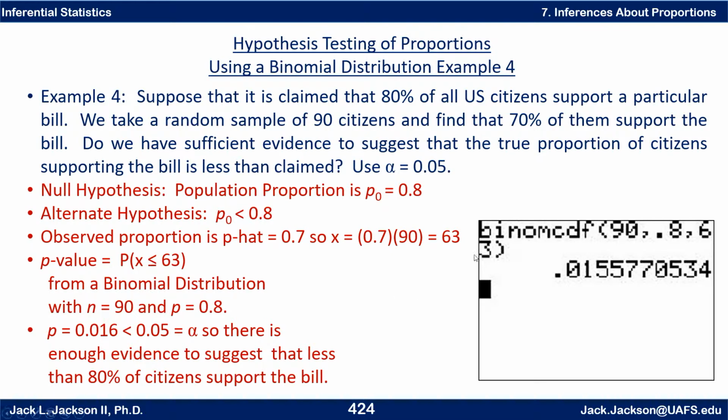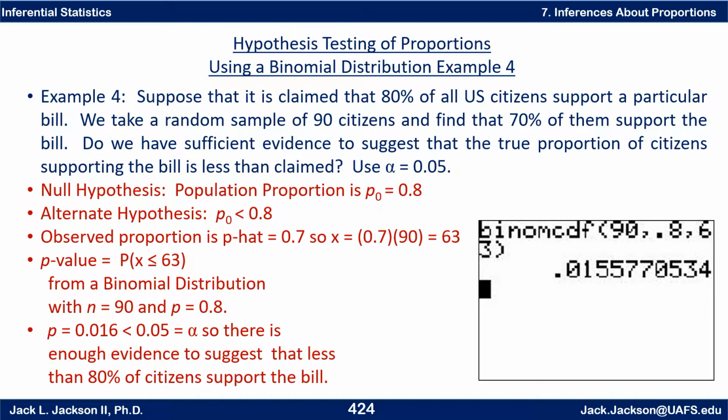So we just do that here. You can see it over here on the right in the TI-84 screen. Binomial CDF 90, 0.8, 63, and we get approximately 0.016. If you were doing this on a TI-Nspire, instead of giving it just 63 at the end, you would give it 0 and then 63 because it does their CDFs as lower and upper.